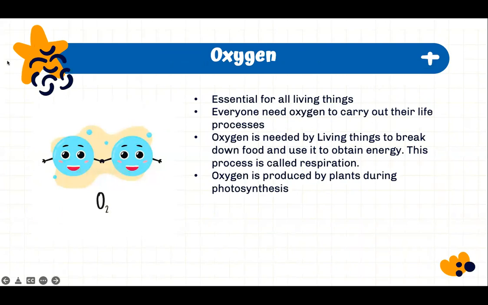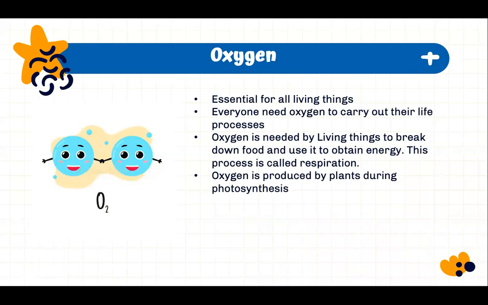Next, oxygen. Let us dive down into some of the gases. Oxygen, known as O2, is essential for all living things. All living things need oxygen to carry out their life processes. Oxygen is needed for all living things to break down food and use it to obtain energy. This process of using oxygen is known as respiration.